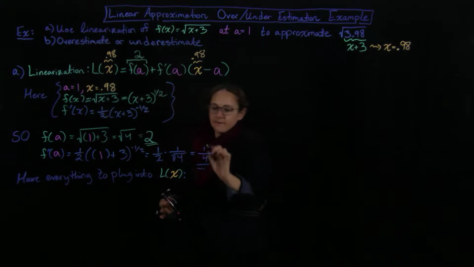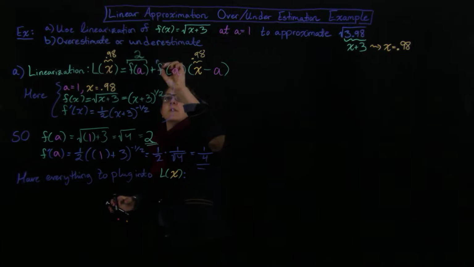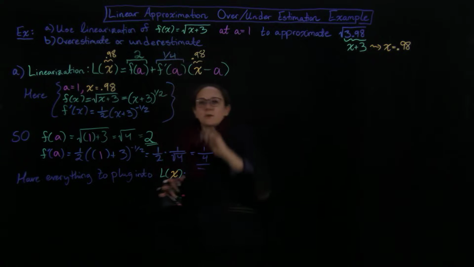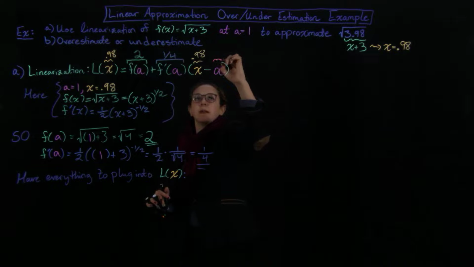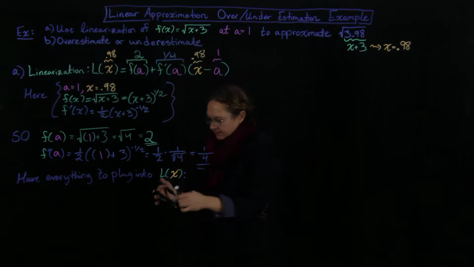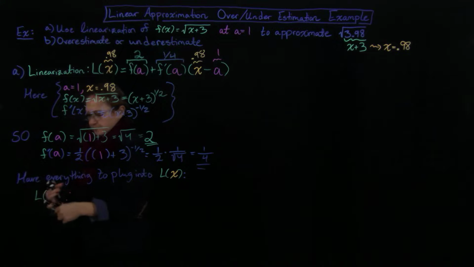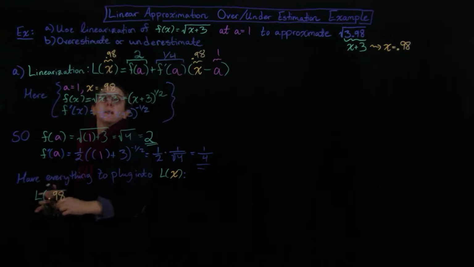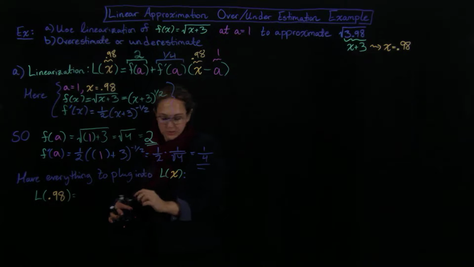And then I have this 1/4 here, so let's go ahead and put that 1/4 there. And then I know my a value, right? I know that my a value is 1, so I'm going to put that in. So then I can go ahead and do this. So L of 0.98 is going to equal, I look up there and I've got my 2.